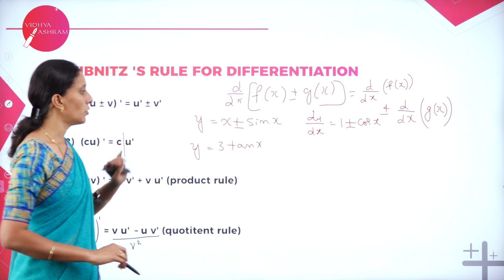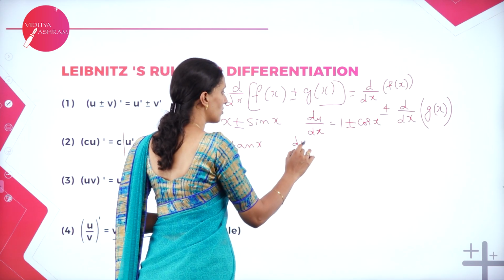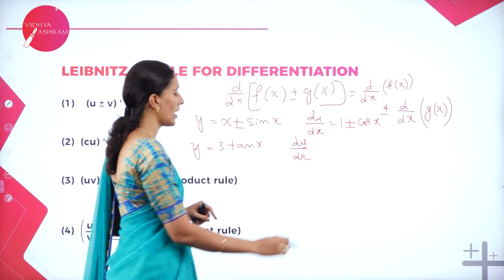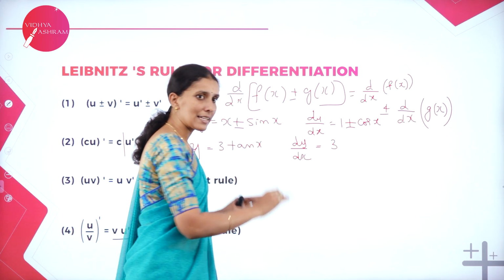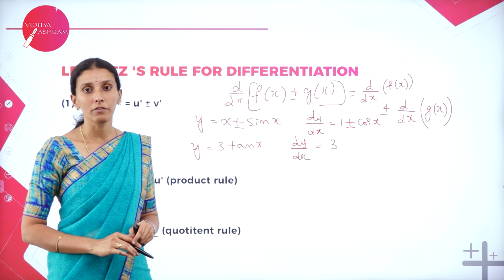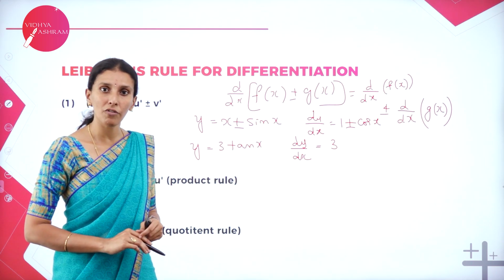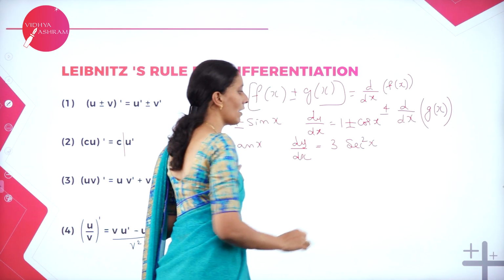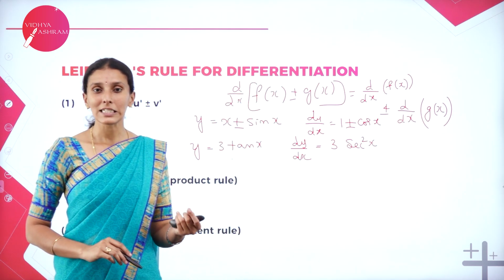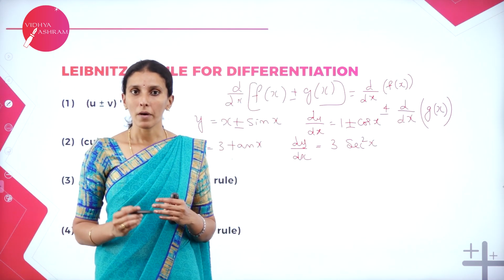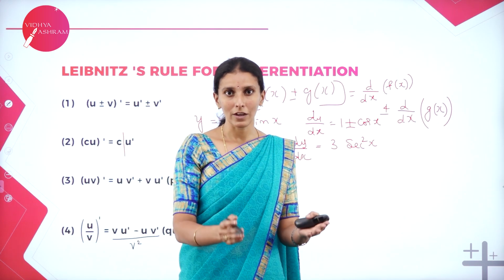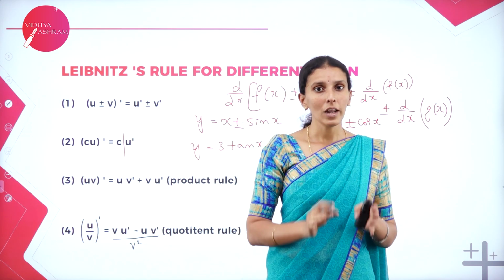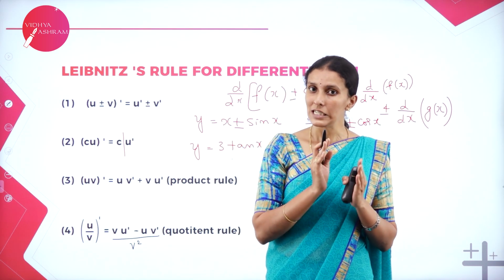So for dy by dx, according to the rule, keep the constant outside. So write 3 as it is. Derive only the given function. The derivative of tan x is secant square x. So therefore, the derivative of 3 tan x is 3 secant square x. So whenever you come across a constant along with the function, write the constant as it is. But when you are deriving only a constant, its value is always 0.